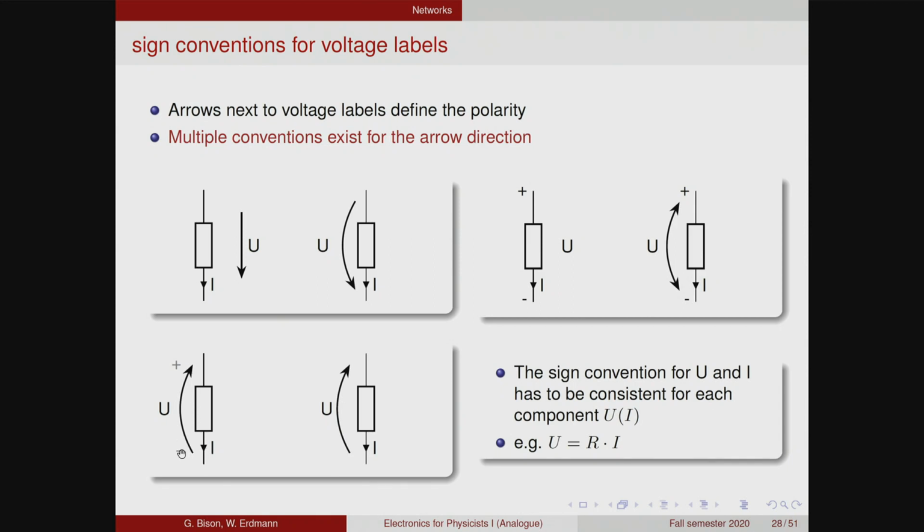So this arrow points from minus to plus, which is also a nice convention, but then it's reversed to the current, and sometimes the plus and minus is not written. So there's a whole lot of different conventions. For example, depending on which textbook you use or which software you use, it might be one of them.